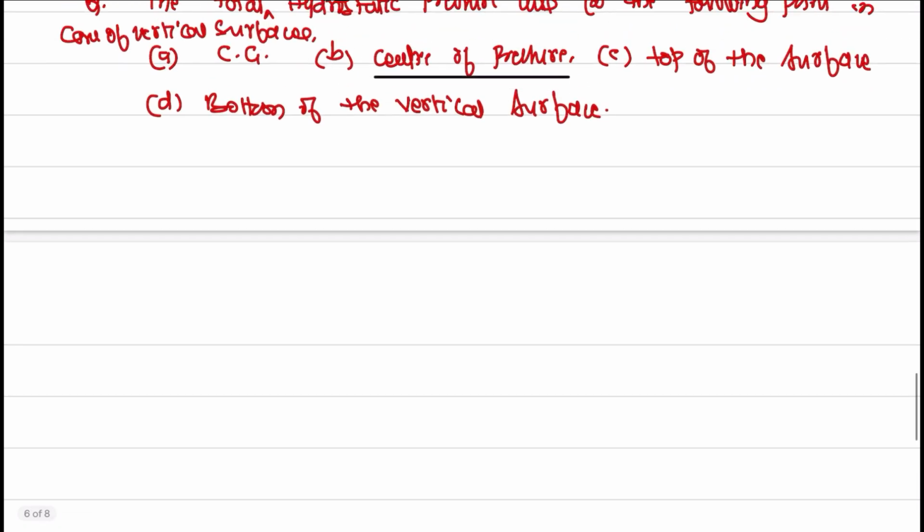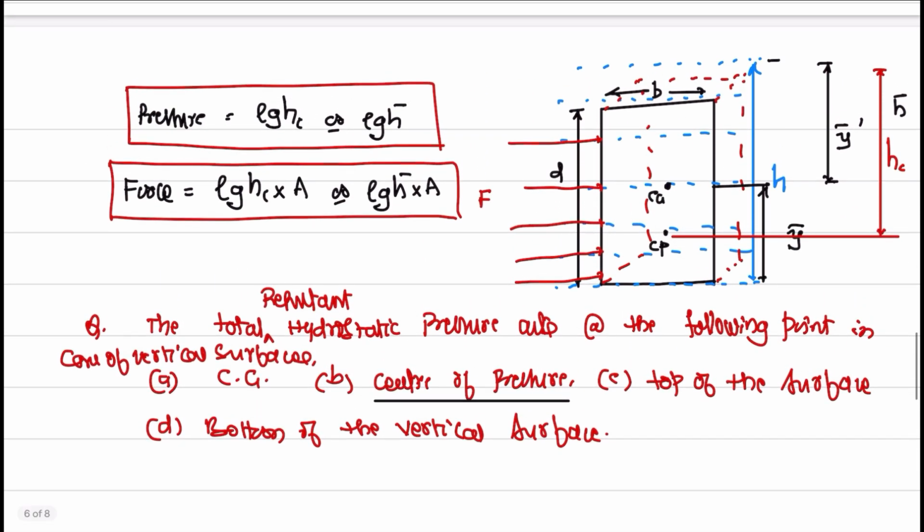Another objective type question I will explain. From whatever you have seen in the diagram, h c is greater than y dash bar, that means the position of the center of gravity in the submerged vertical surface, when it is fully submerged, from the top of the water level. You just see h c is greater than y dash bar.